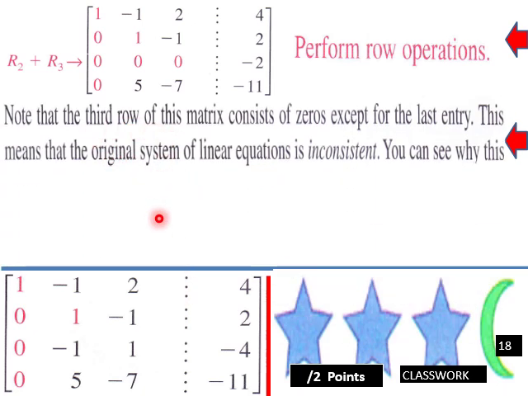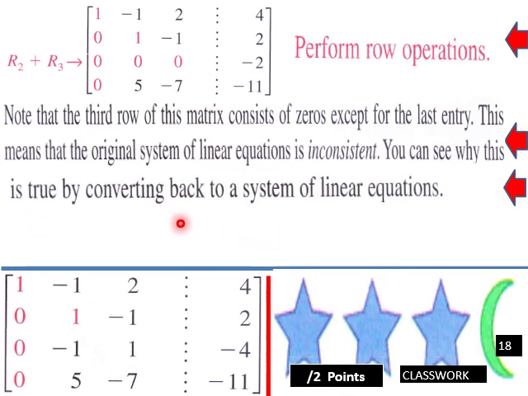Note that the third row of this matrix consists of zeros except for the last entry. This means that the original system of linear equations is inconsistent. You can see why this is true by converting back to a system of linear equations.